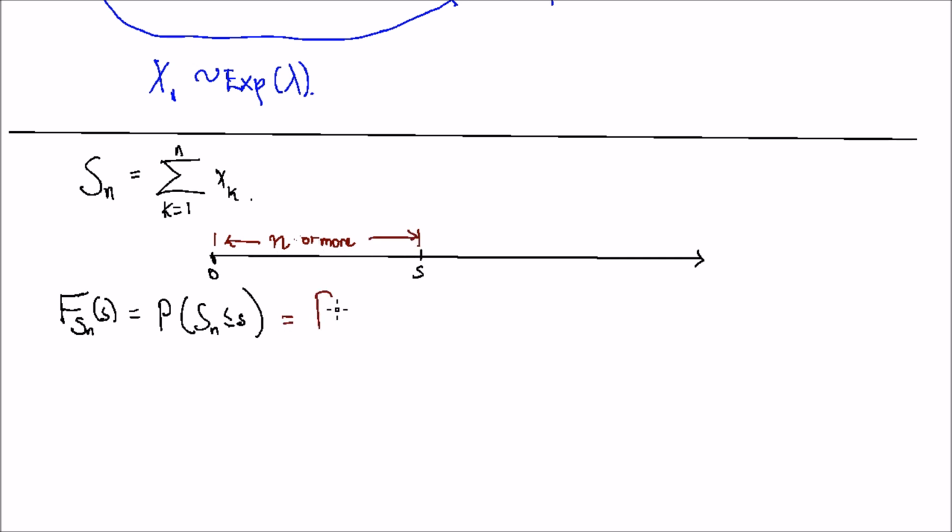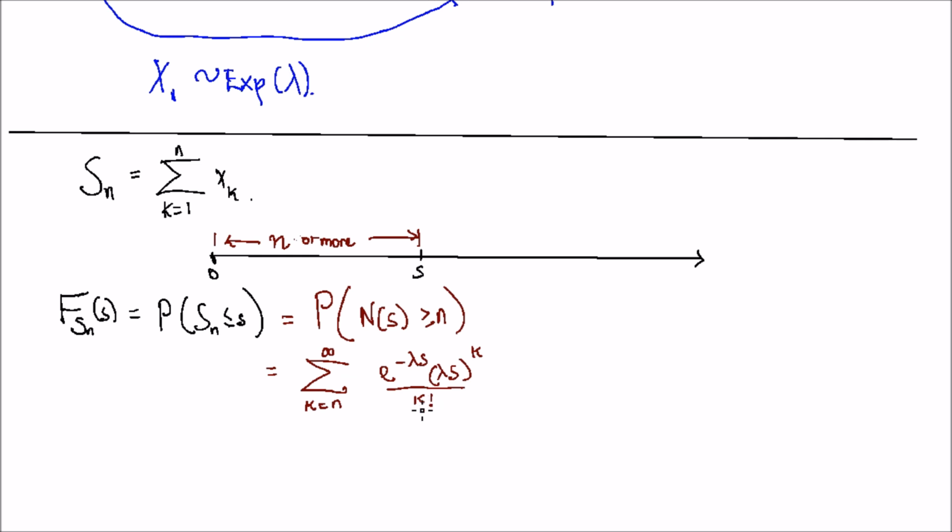So this probability is equal to the probability that N of s is greater than or equal to n. And we know the Poisson distribution probability mass function, since N of s follows Poisson distribution, then we have this probability equal to the sum k equals n to infinity of e to the negative lambda s times lambda s to the power of k divided by k factorial.